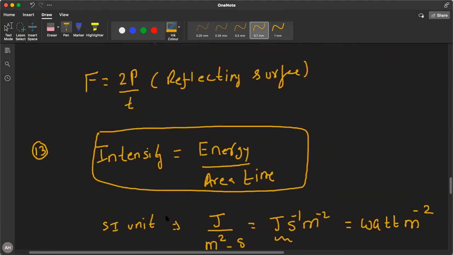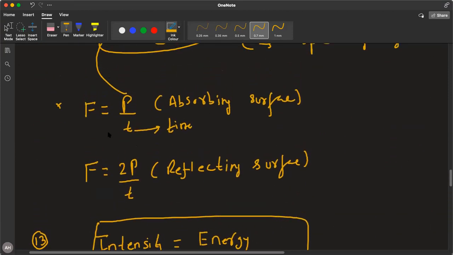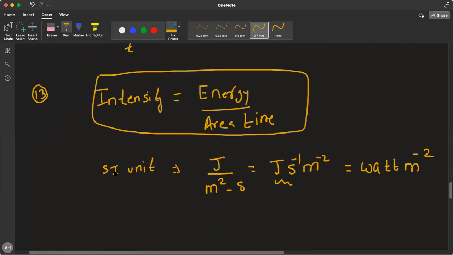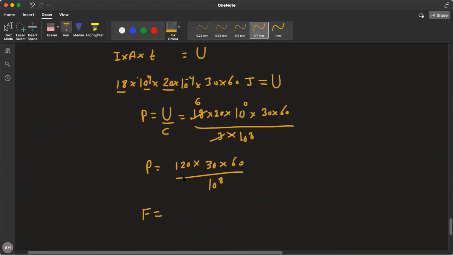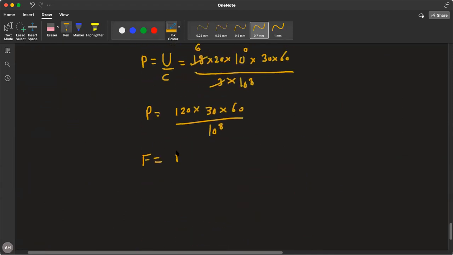Somewhere we have written the expression for force. So this is the expression for force, P by T or 2P by T. Which expression will you use in this numerical? P by T is for a non-reflecting, absorbing surface. So force will be P by T.